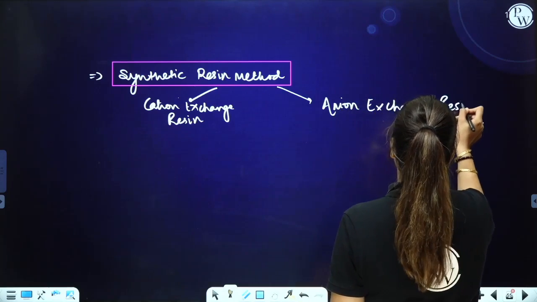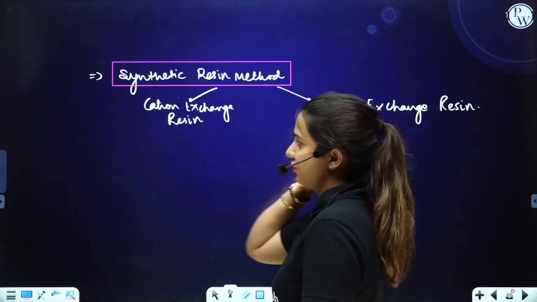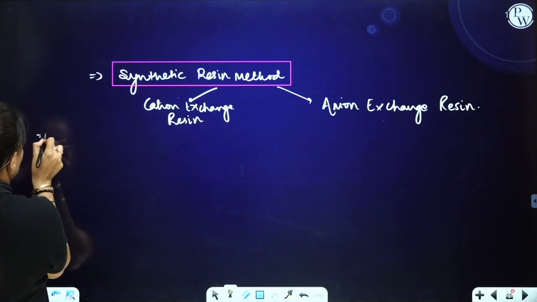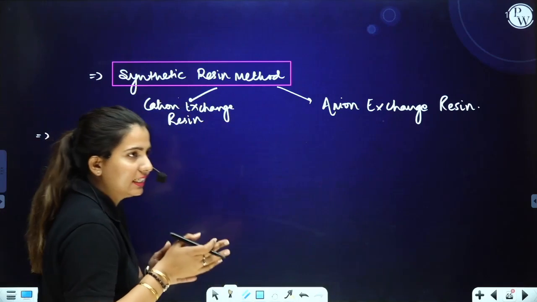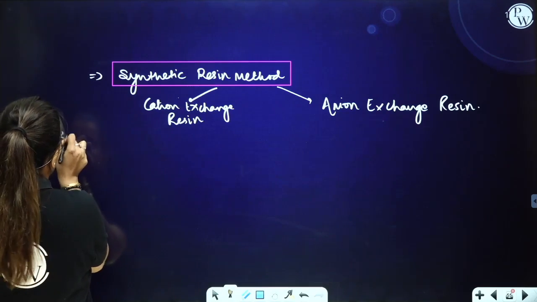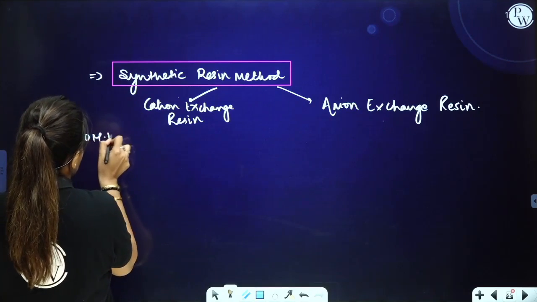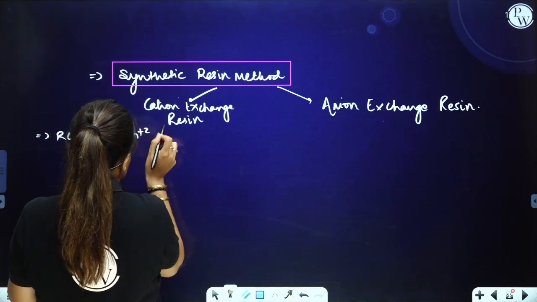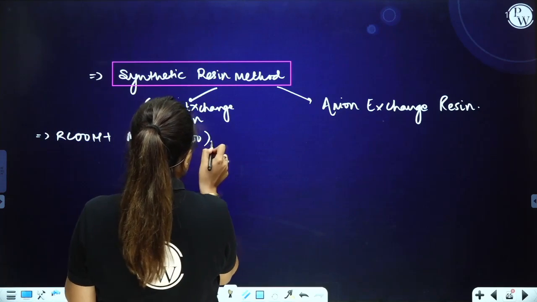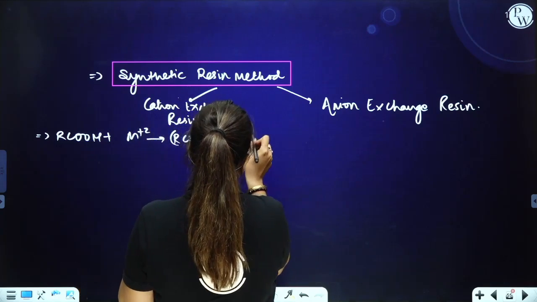What happens? You add the hard water. The hard water contains the cations such as calcium 2+ and magnesium 2+. You have this compound RCOOH. It reacts with the M2+ ion, which is calcium or magnesium. You get a compound (RCOO)2M with the removal of 2H+ ions.